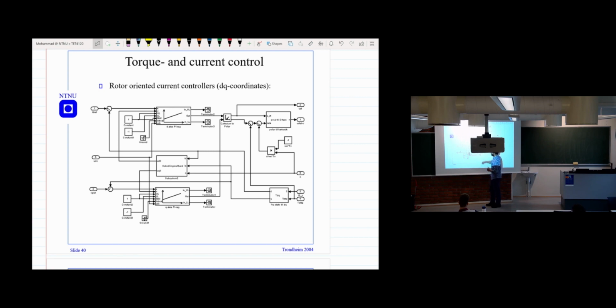So this is just a representation. Maybe Roy uploaded this in Blackboard, so you can also simulate. I'm not sure, but this is just a representation of the machine in Simulink.